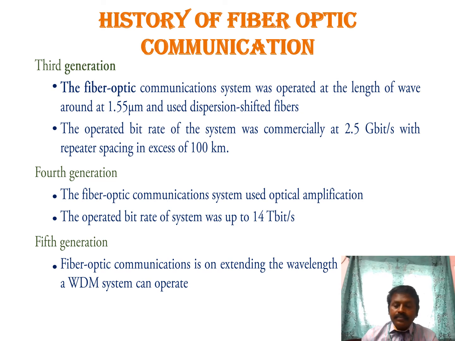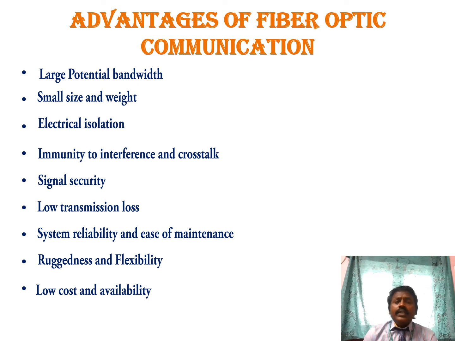Then what are the main advantages of optical fiber communication? The main advantage is a larger bandwidth. Bandwidth is in terms of terahertz. Then small size and weight, very little weight and smaller size. Then it is isolated from electrical behavior. Then immunity to interference and crosstalk.